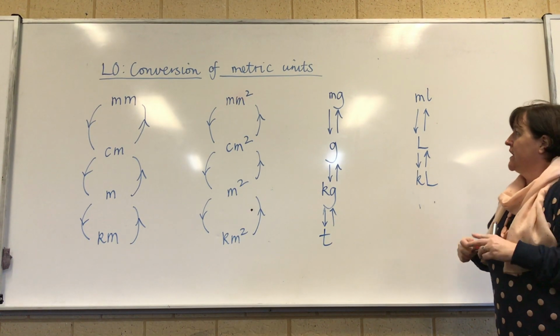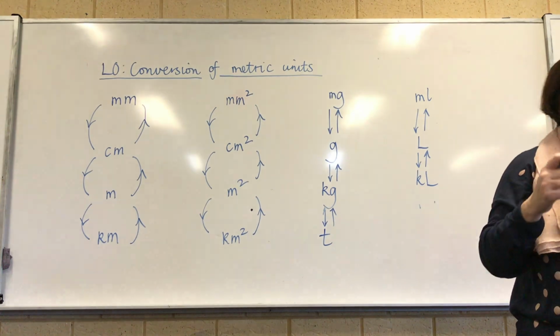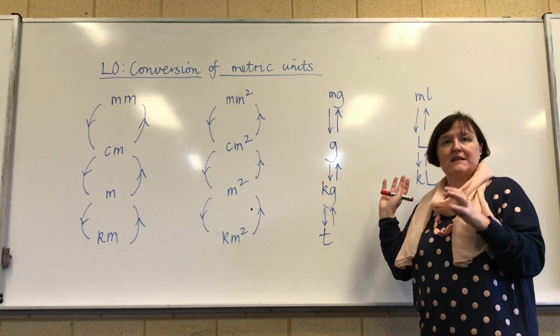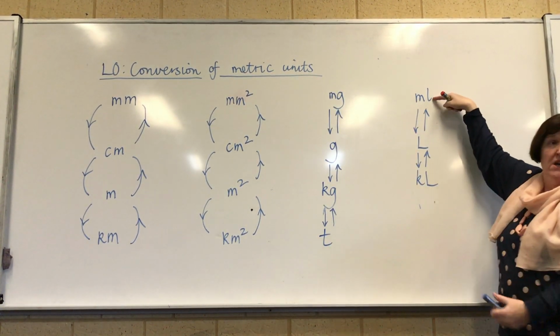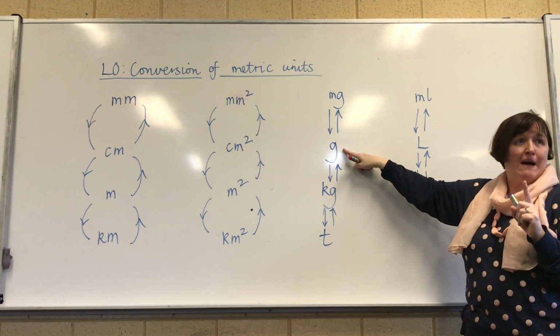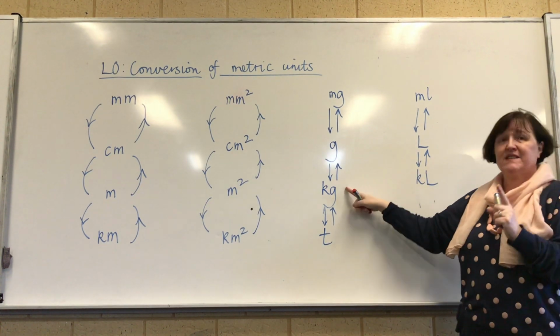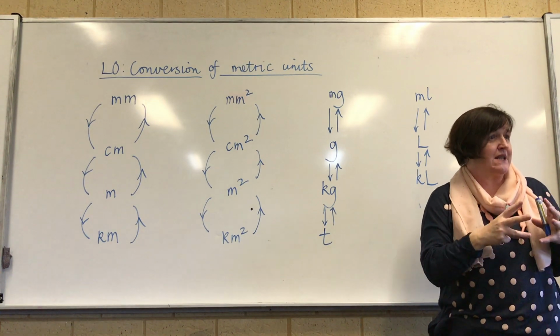Okay? So, the other thing that's really quite cool about this, and I didn't really even realise this until relatively recently, is that all of these things have a relationship between them. 1 millilitre of water weighs 1 gram. So 1 litre of water weighs a kilogram, and it would fill 1,000 cubic centimetres.